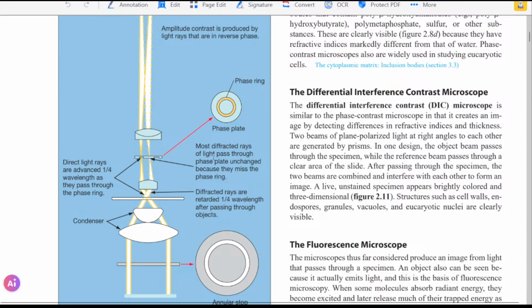Most diffracted rays of light pass through the phase plate unchanged because they miss the phase ring.